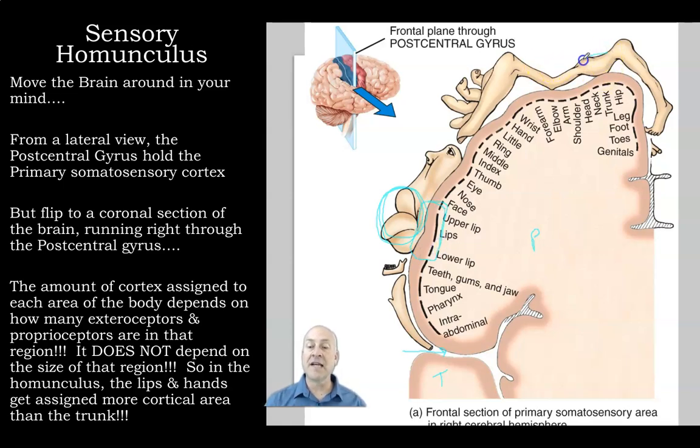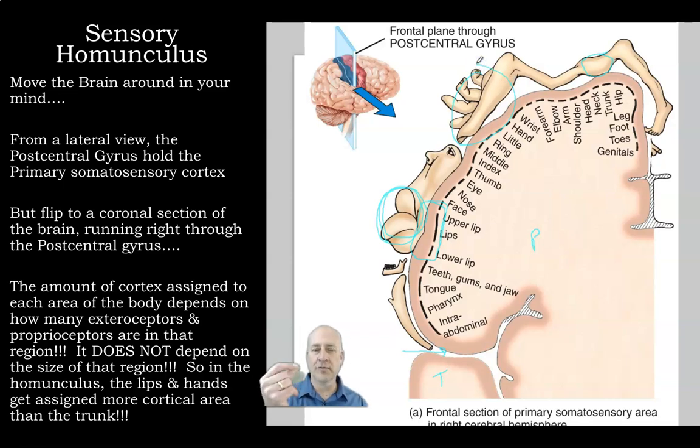This, my friends, is the entire trunk. Can we not argue about the fact that the trunk is way bigger than the lips, but look at how small an area, because the trunk is not a huge proprioceptive or exteroceptive area to be receiving, but the lips are huge. The fingers, look at the amount dedicated to the fingers. Why?